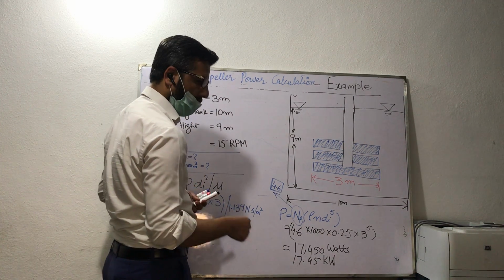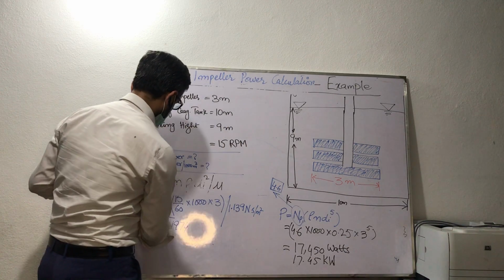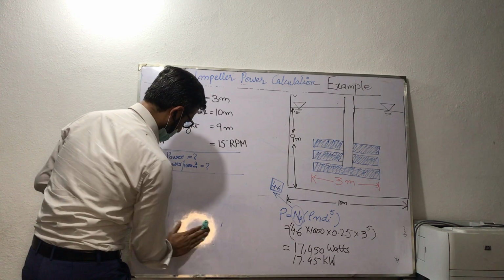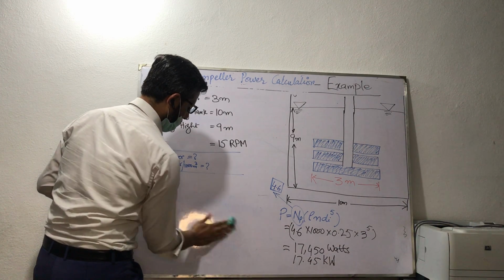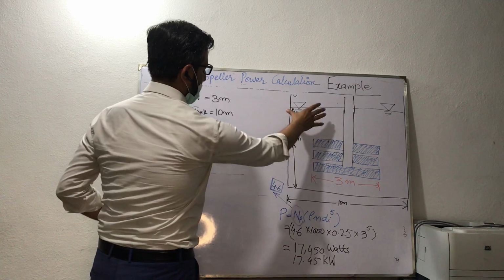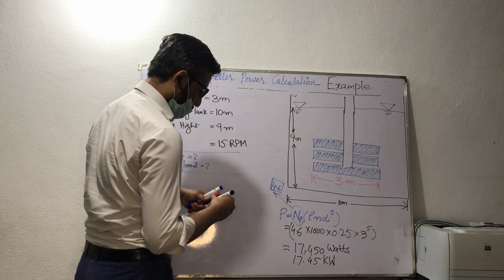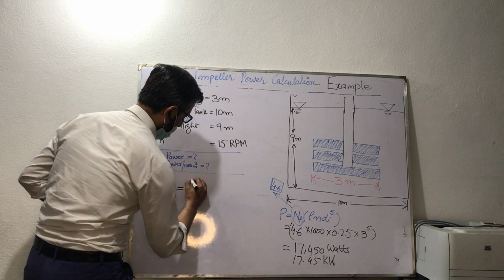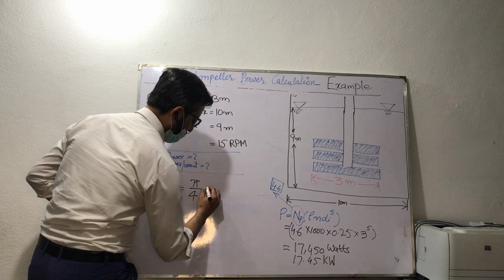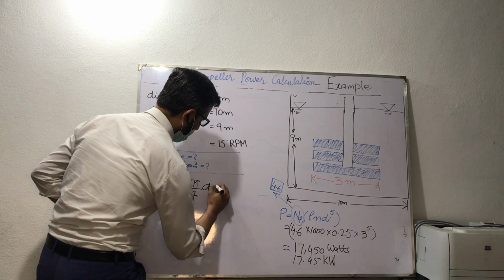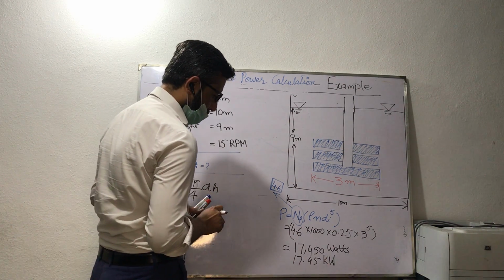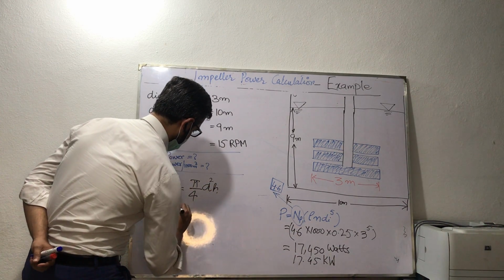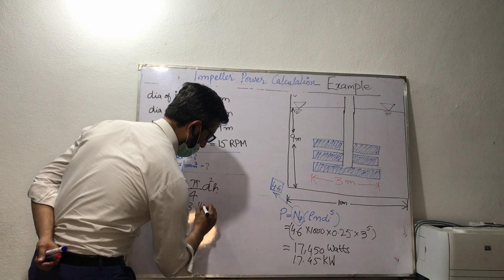For power per volume we have to calculate the volume first, then we can move on to the power per volume. So for volume we can easily calculate the volume of this entire tank. We also know that the volume is equal to pi by 4 d squared into h. Alright, we can put the values over here.